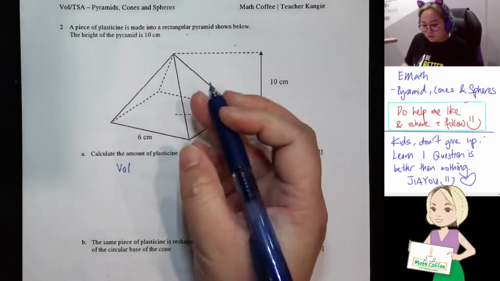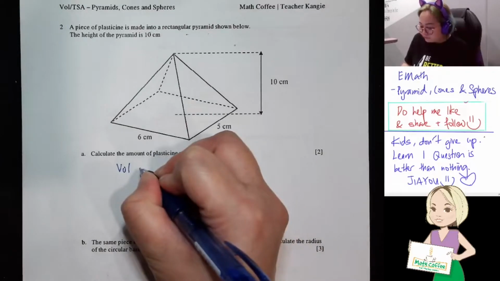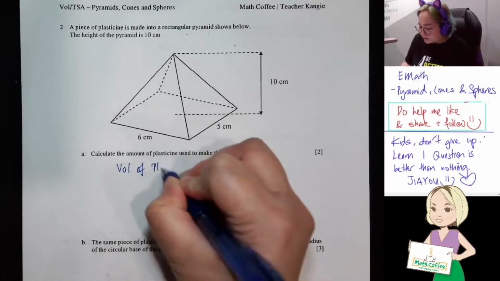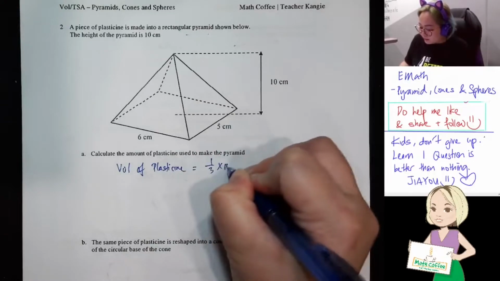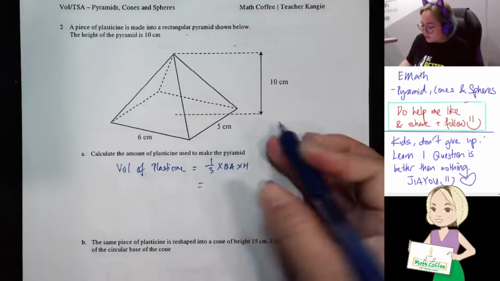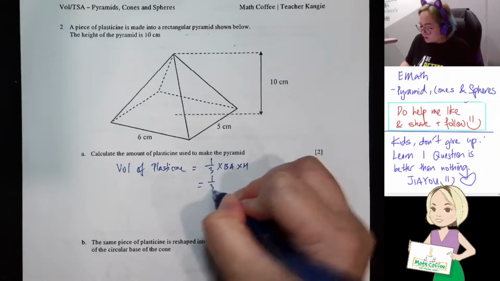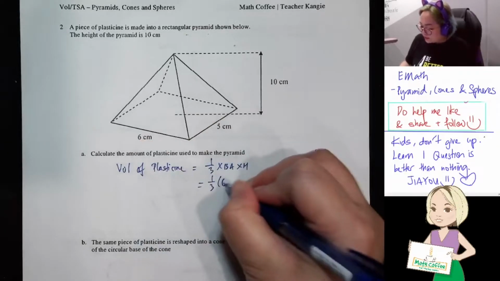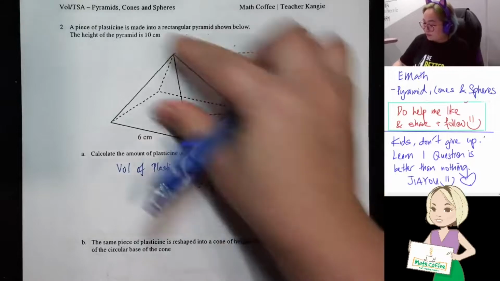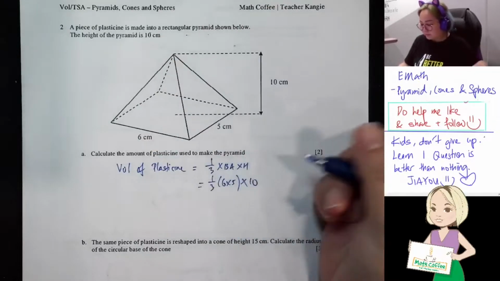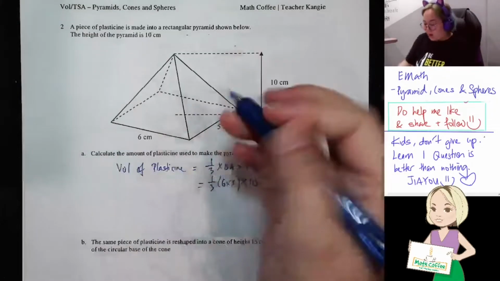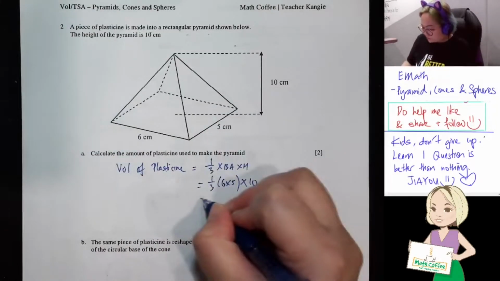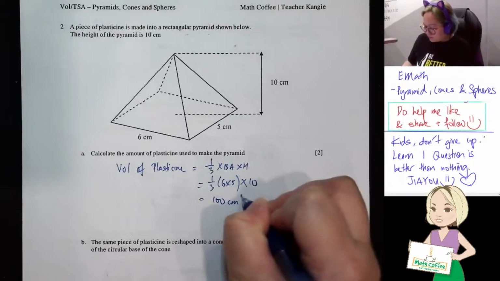Now you already know what's the formula. So volume of the plasticine is equals to 1/3 times base area times height, and you will have 1/3, and the base area is a rectangle, so it's just 6 times 5 multiplied by the height, which is just 10. Okay, and you will get 100 cm cube.